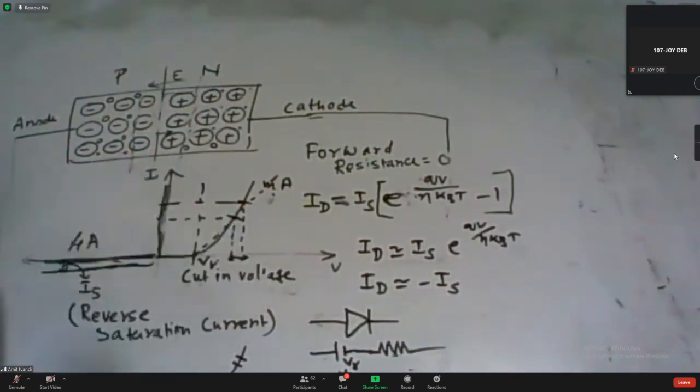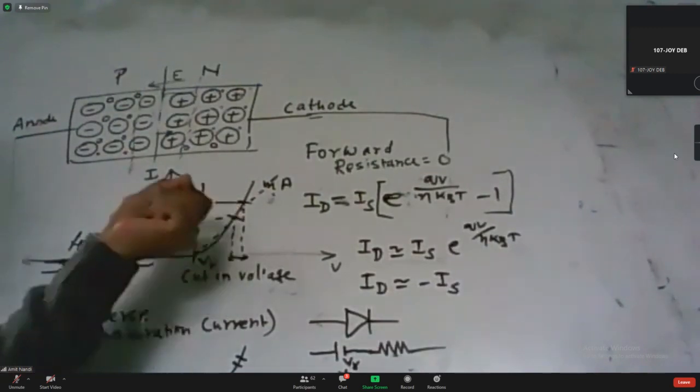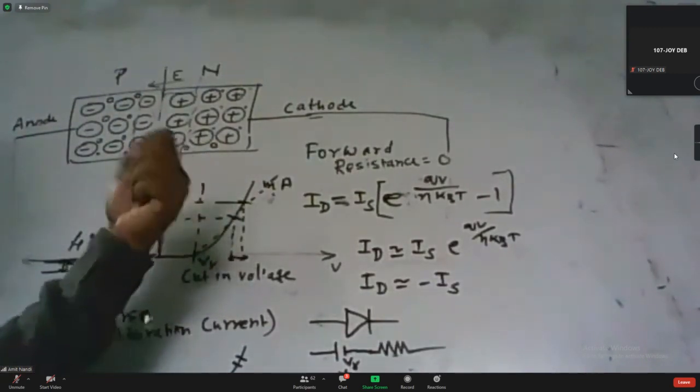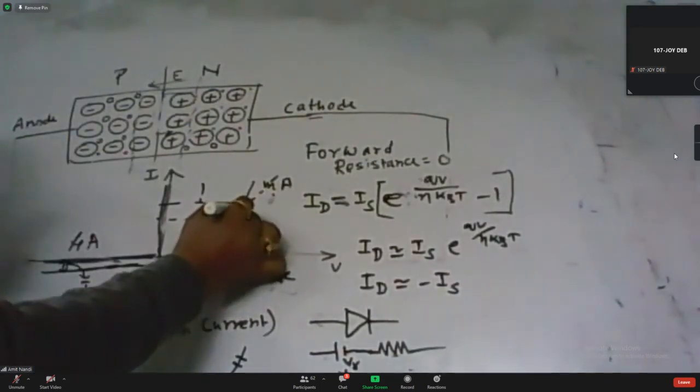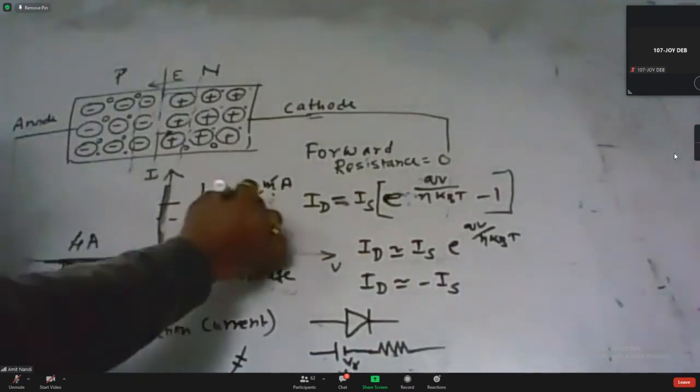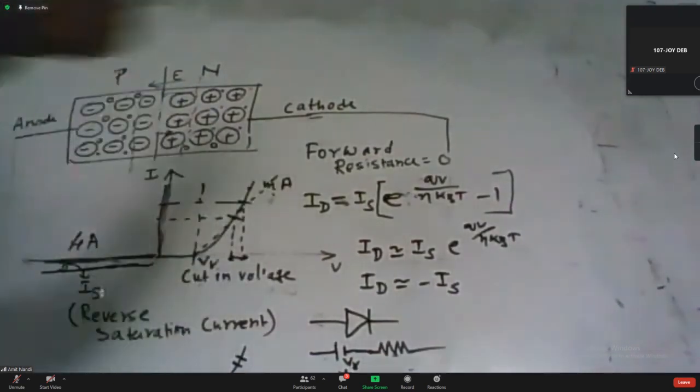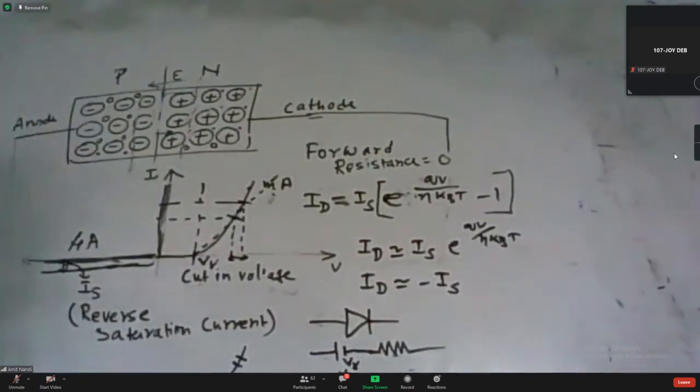We calculate the resistance value, and this resistance value changes with the operating point. Say here we take the operating point in this region. Now if we change the operating point here, the resistance value will also change. So the resistance value depends on the operating point. For that reason, it is called dynamic resistance.